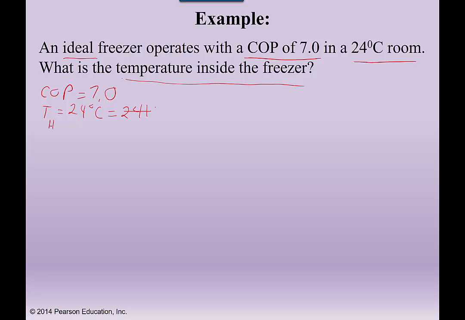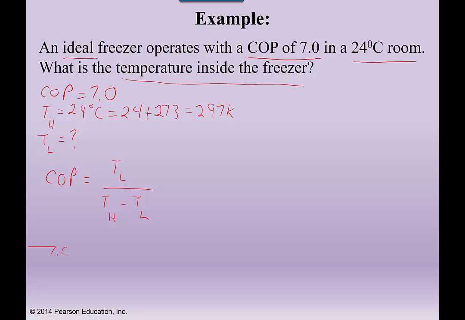So 24 plus 273 or 297 Kelvin. I want to know what is my low temperature, and because this is ideal, I know I can use the equation that COP is equal to TL over TH minus TL.